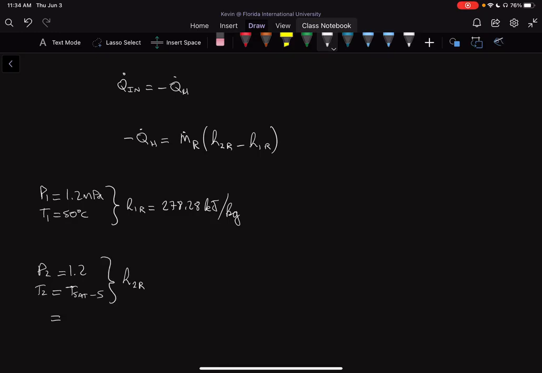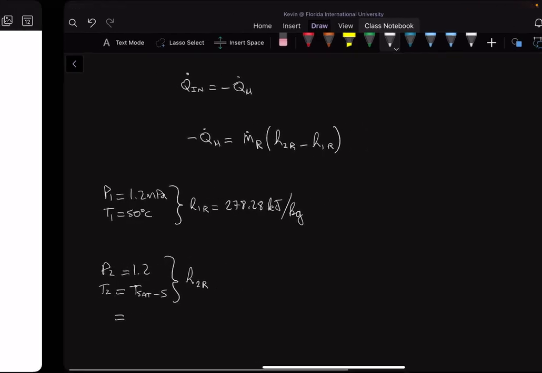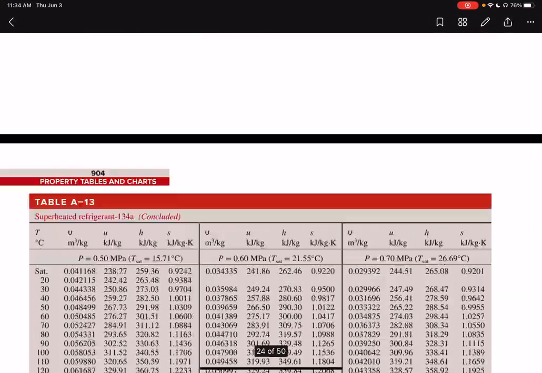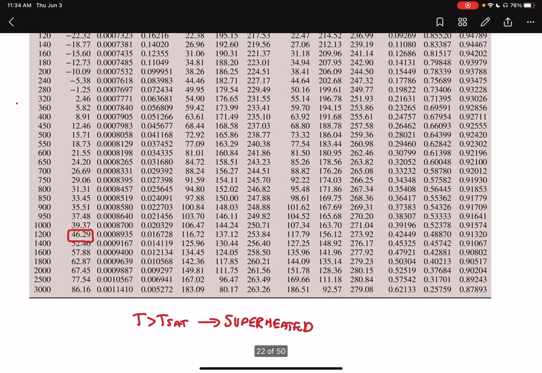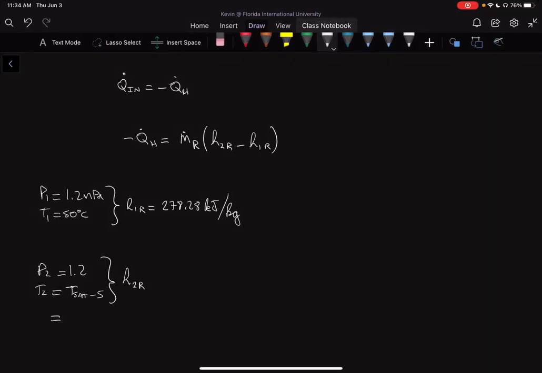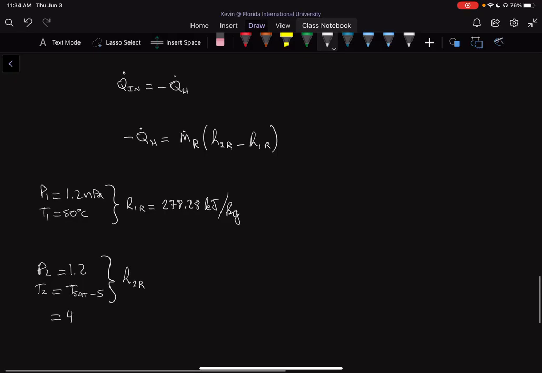And this Tsat minus 5, if we go back to our tables here, if we go to table A12 again, we see that Tsat is 46.29. So our subcooled by 5 degrees is just going to be 46.29 minus 5, which we can say is 41.29. Okay, and then from 41.29, we now know we have a compressed liquid because it's subcooled.